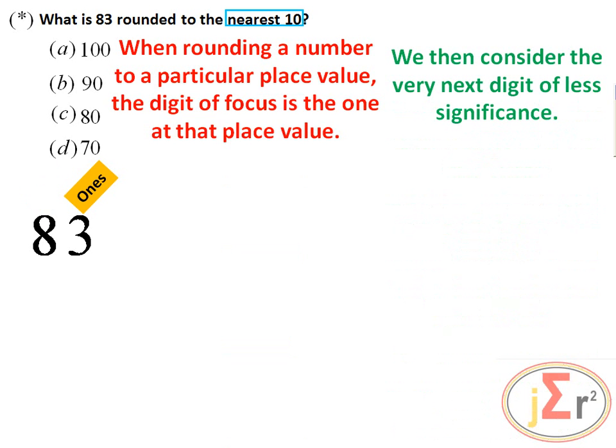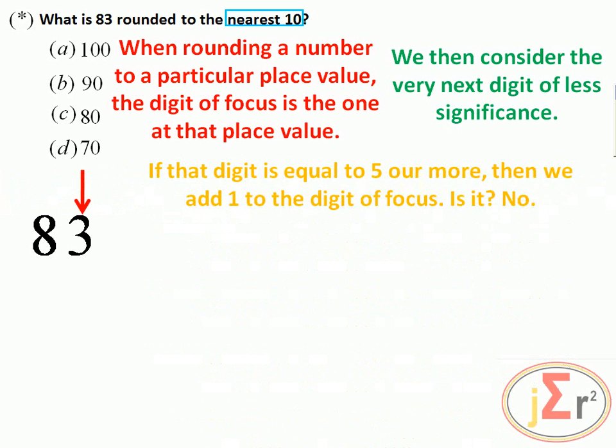We then consider the very next digit of less significance. If that digit is equal to 5 or more, then we add 1 to the digit of focus.